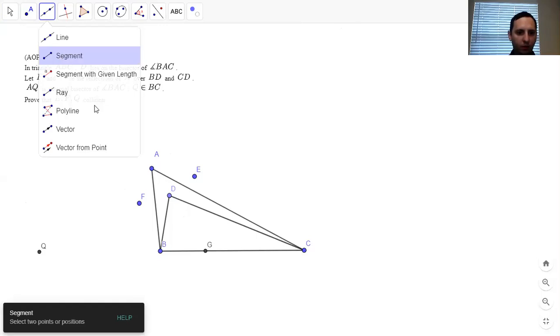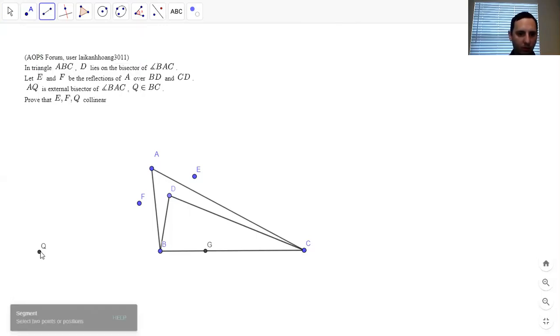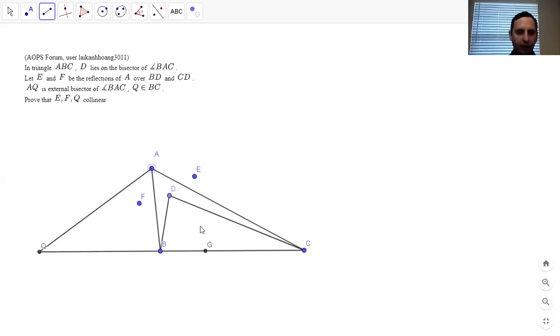All right. So there's a right angle right here, and ABE and ACF are isosceles.